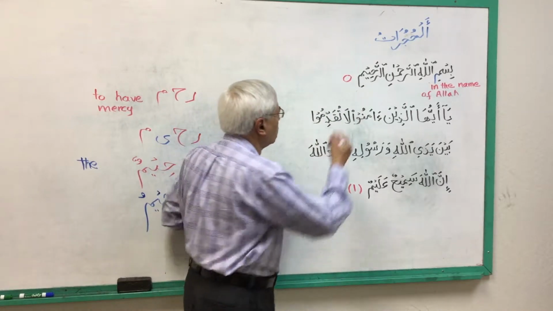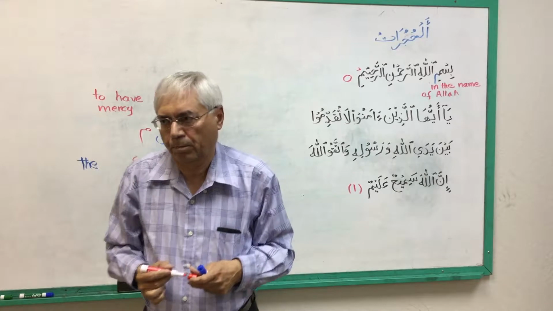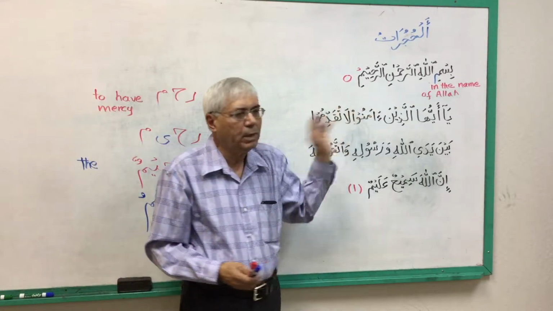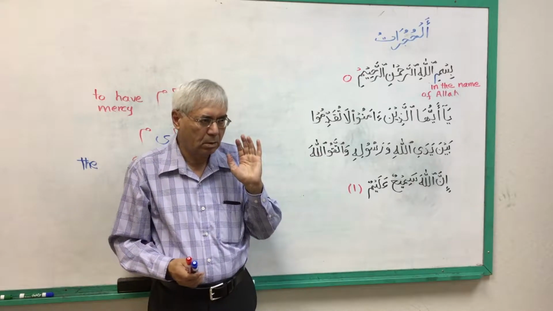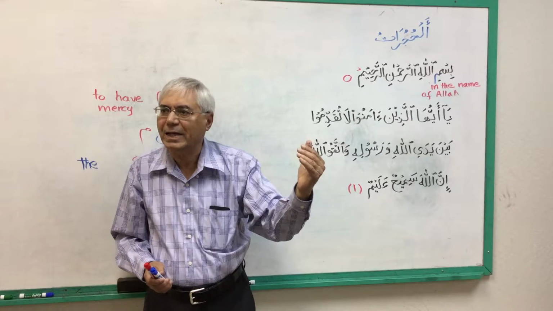What you do is change the sign to a jazm. So instead of pronouncing Rahimi, you say Rahim. No more mi. Stop, Rahim.